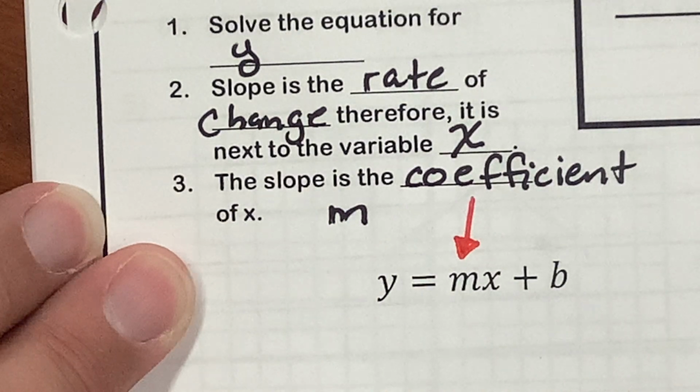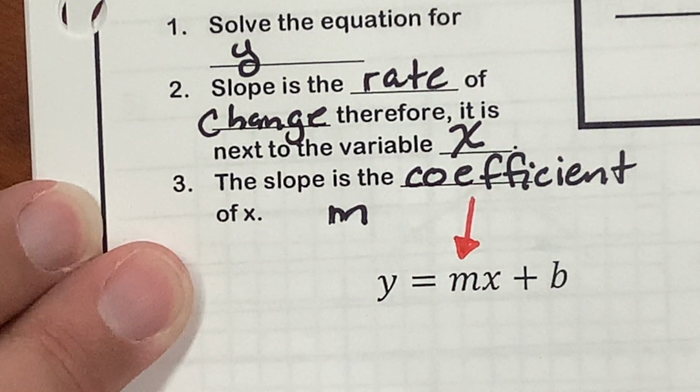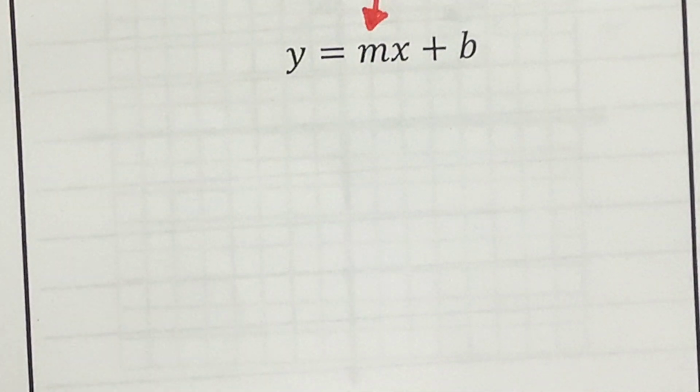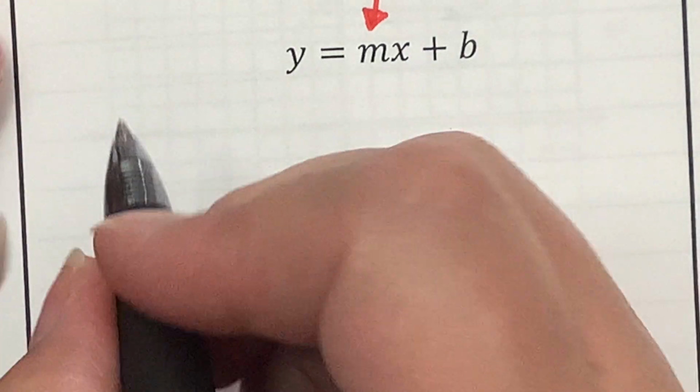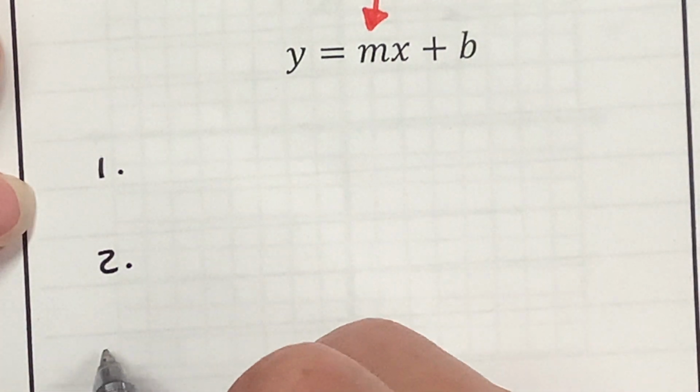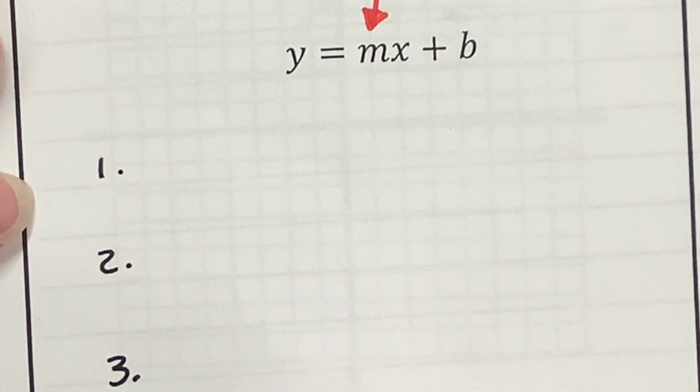Now, let's say I give you a couple of problems, and you find the m's. So I'm just going to write out a bunch of them, and you find some m's for me. So let's see, 1, 2, 3, 4.